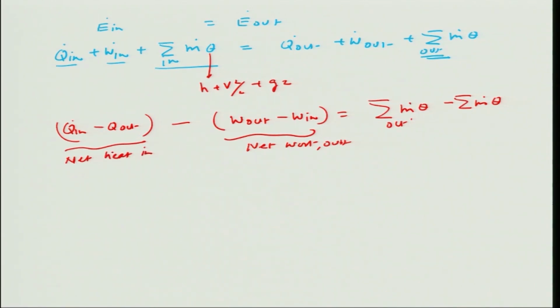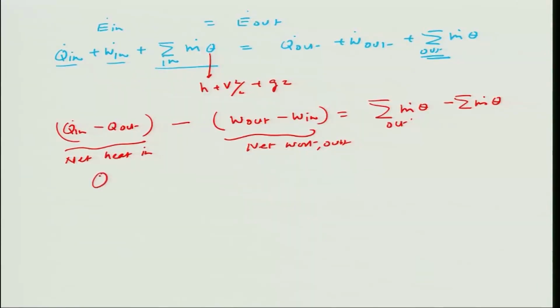Okay, and by convention we have used the sign in this way that Q is positive when it is supplied to the system and work is positive when it is done by the system, and thus this can be written as Q dot minus W dot, which is effectively Q meaning net heat in and W meaning net work done or out from the system, and this can be written as m dot theta out minus m dot theta in.